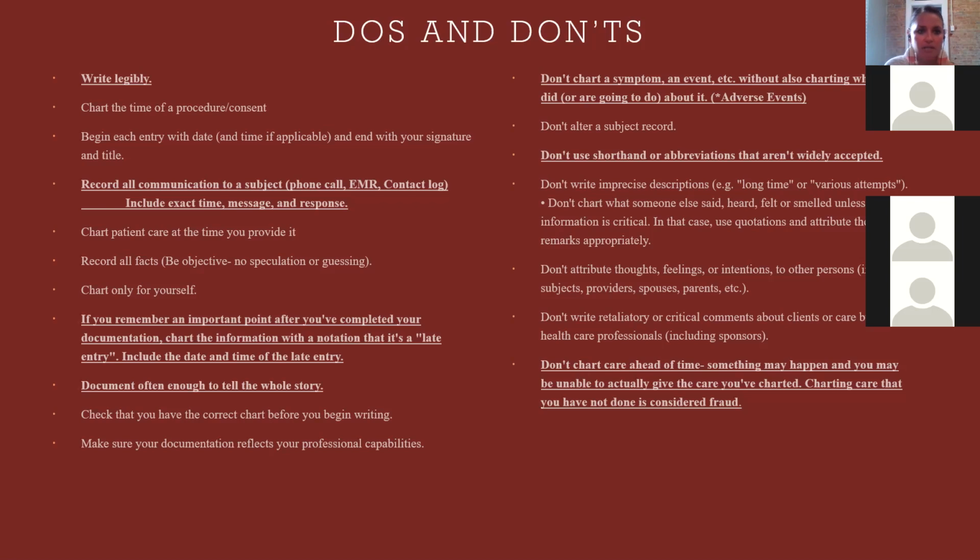The other thing I'm going to point out here is to record all communication to a subject. This doesn't mean word for word or recording it, but we have a lot of people that have been noted as lost to follow up. And so there have been some questions about how that process works. We don't necessarily have a document like an SOP for lost to follow up. I know some institutions do. At previous institutions we did have an SOP for this.